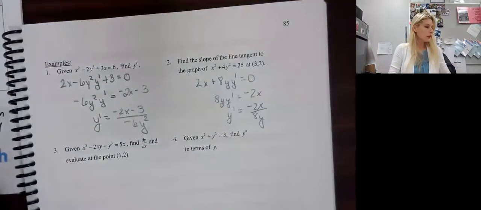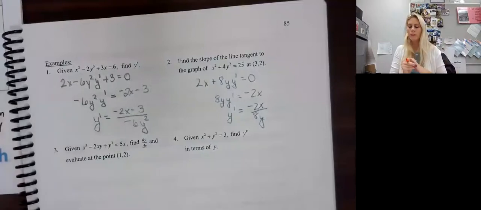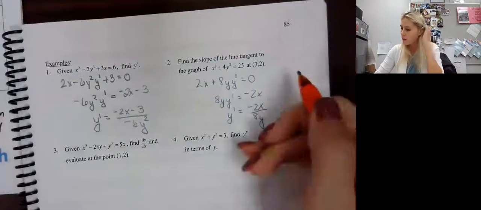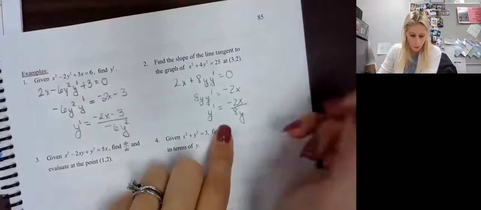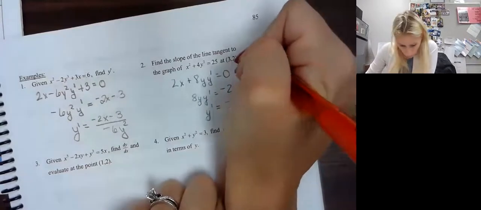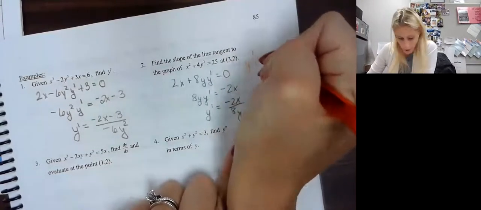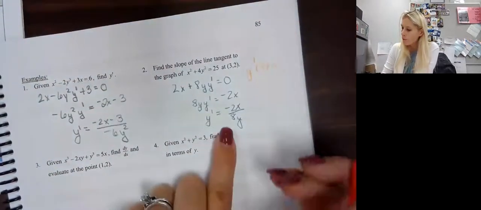Okay, now that's just solving for y prime, but the question was find the slope at (3, 2). So what we're going to do is actually find y prime of 3, which also means that we have to plug in that 2 for the y.